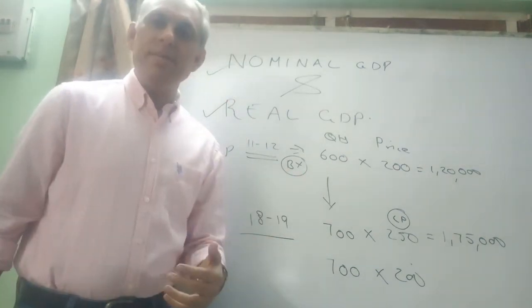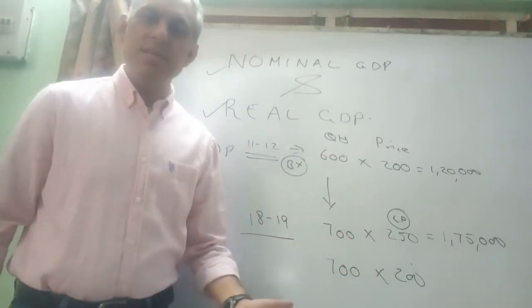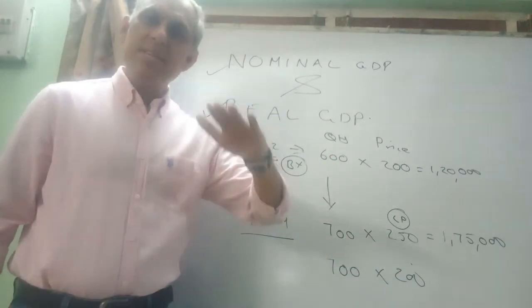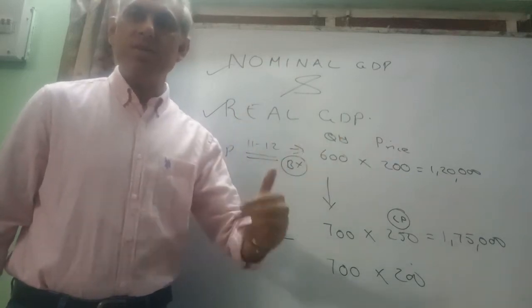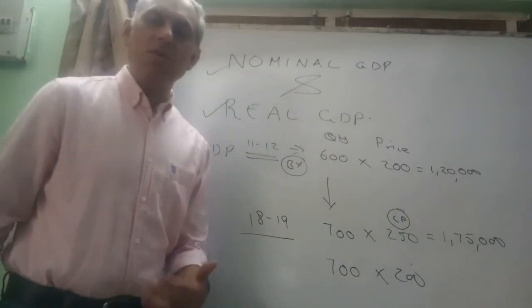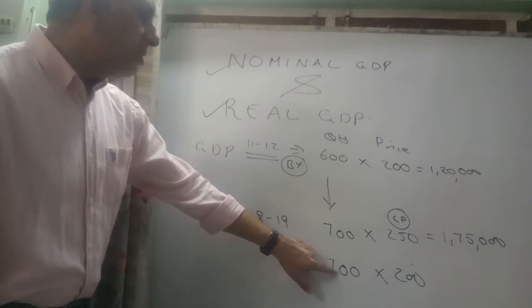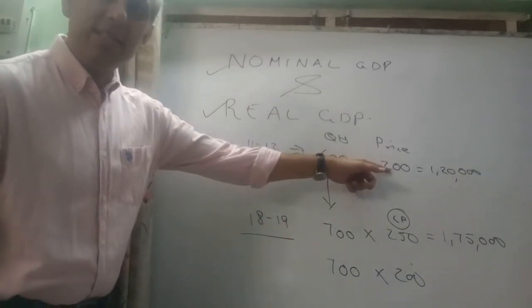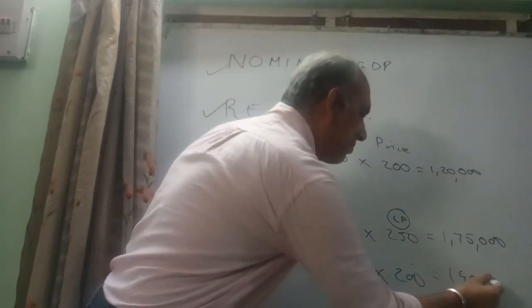COVID-19 disease has happened, and therefore it will definitely shift the balance of production and the prices. So we have to take a year which is pretty stable and constant, devoid of any war-type situation or disease-type situation, which is presently happening as a pandemic all over the world. Now let's come back to it. If I take 700 units with a price of 200 rupees, that is of the base year, my answer is 1,40,000.